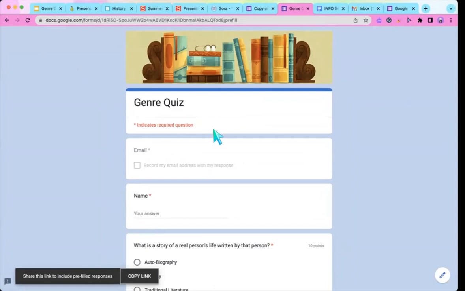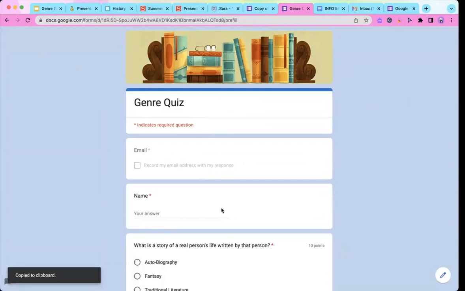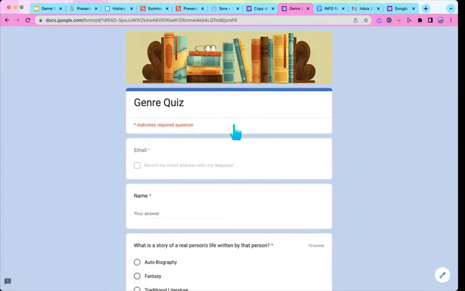Apply all. That does not look right. Okay, that looks right. Yep, okay. Let's try that. Let's see if that works.